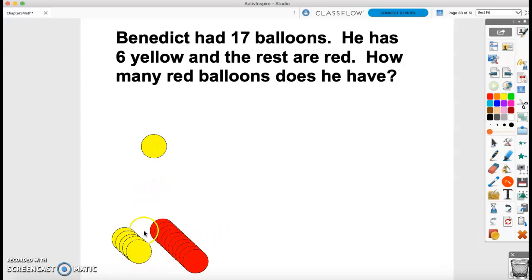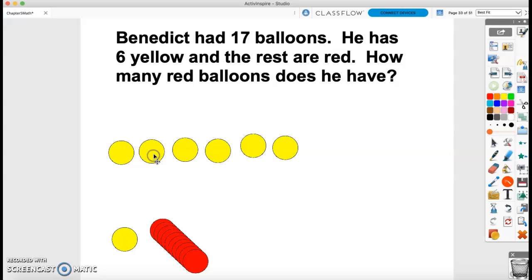So 1, 2, 3, 4, 5, 6. So he has 6 yellow, the rest are red. So I'm going to count up from 6 and keep going until I get to 17.